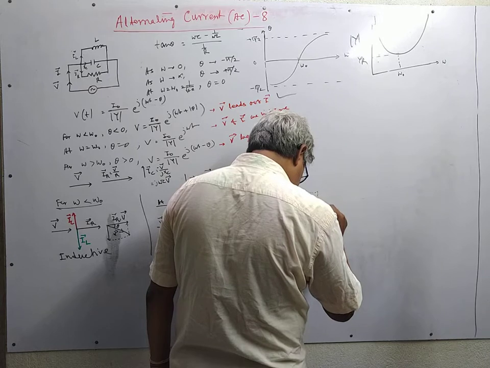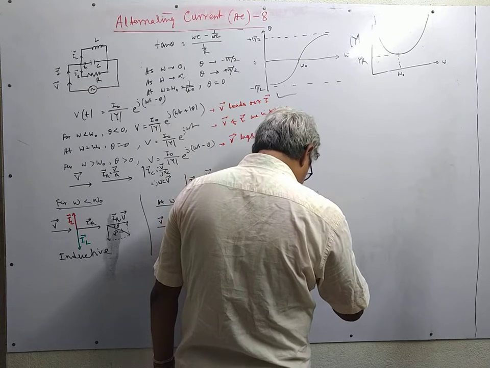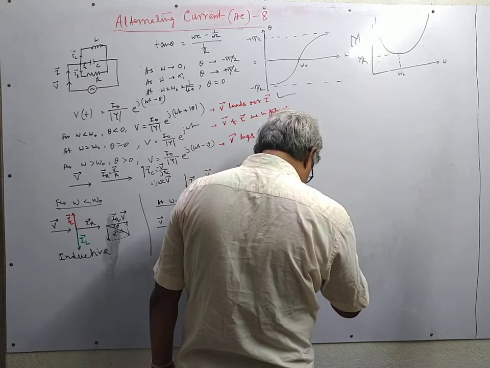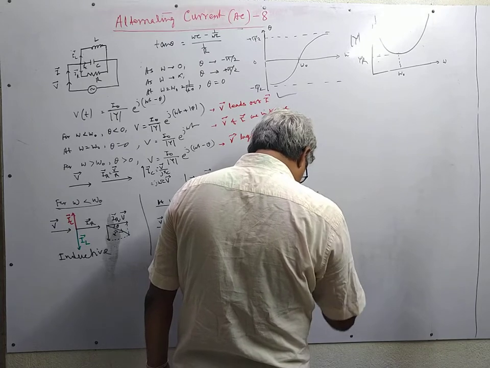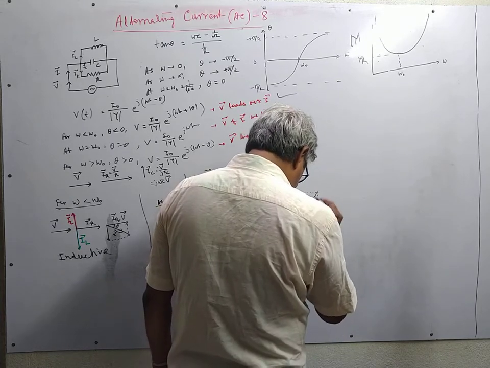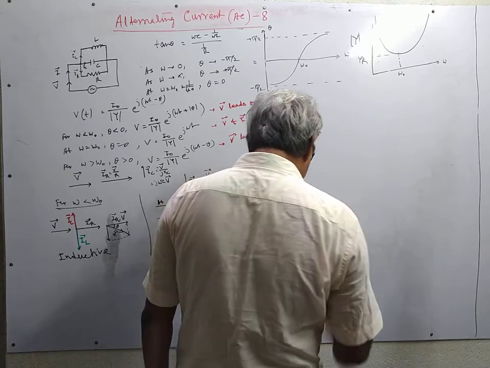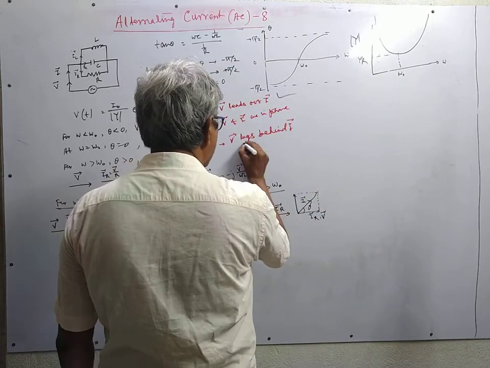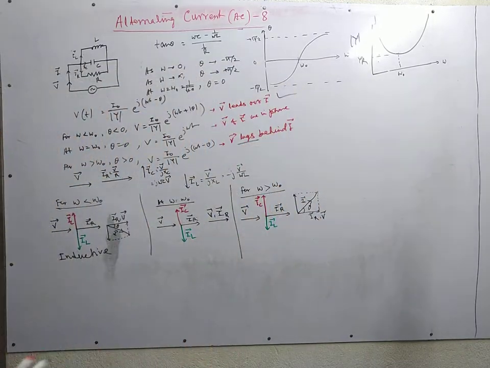Since IC is bigger, it is in the direction of IC, and this is I. So we see that V lags behind I. And we can define current gains and other things.